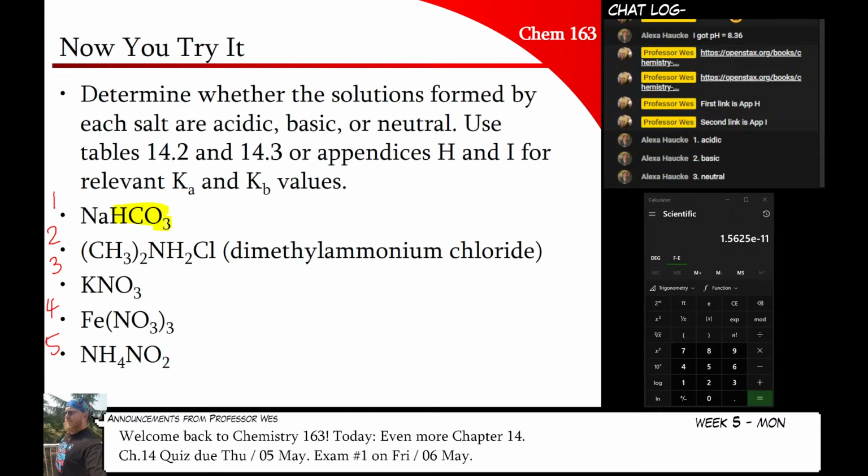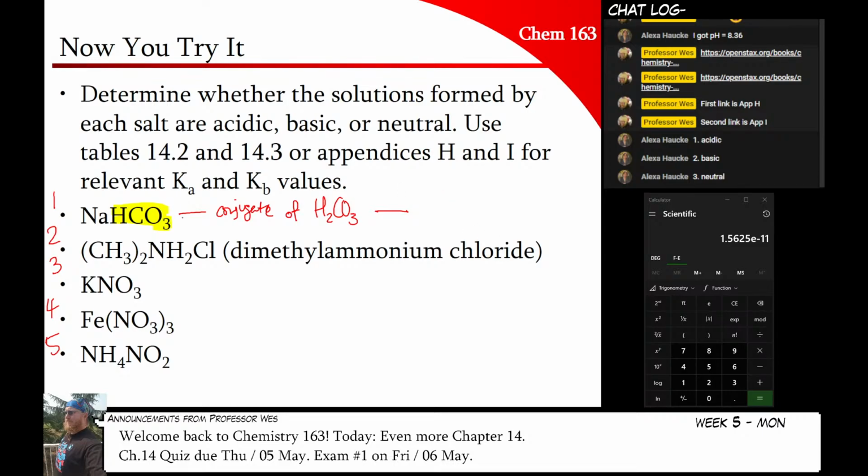Bicarbonate is the conjugate of carbonic acid. Now it's also the conjugate of carbonate. And it turns out that if it's amphoteric, we don't really know which one it could be.